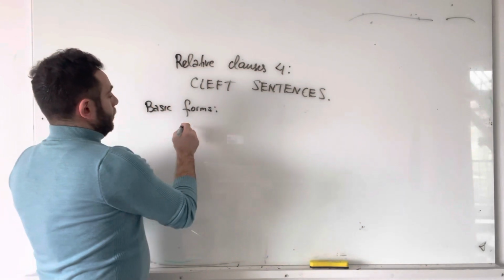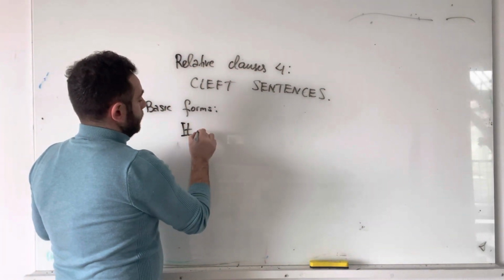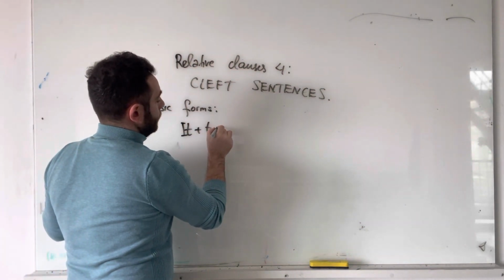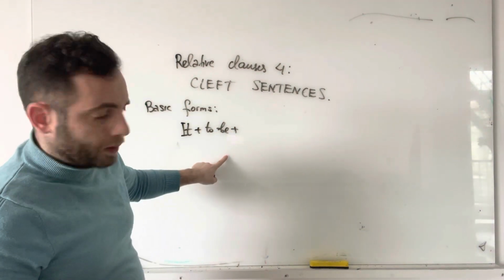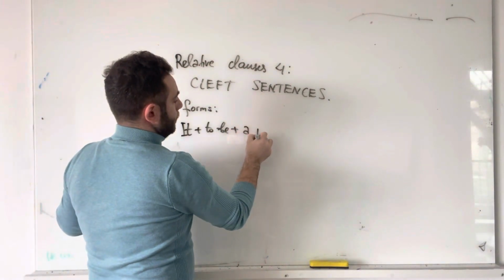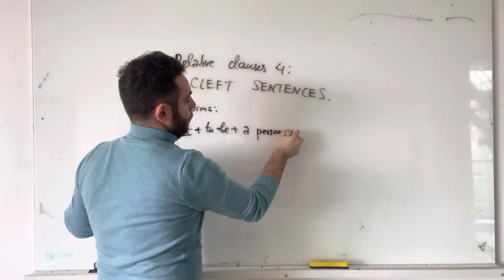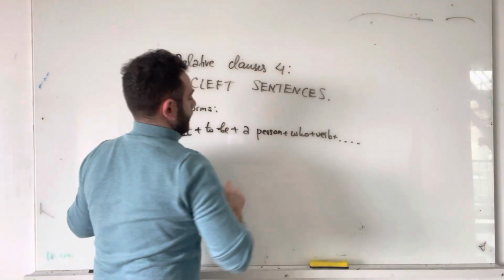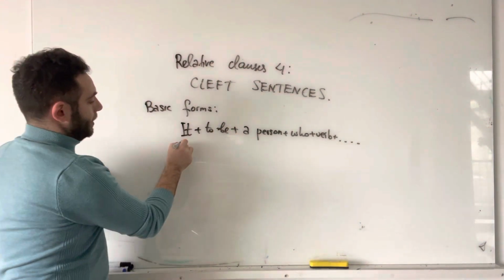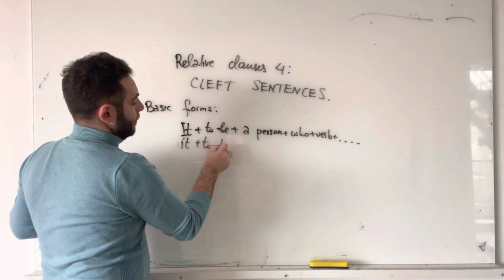Let's see. This is like "it" plus "to be," plus, for example, a person, then "who," and a verb, and the rest. Or "it," again, plus a "to be" form.